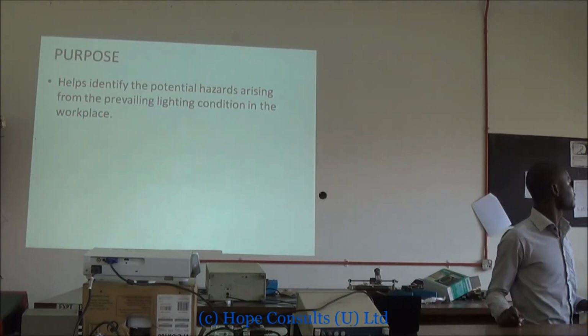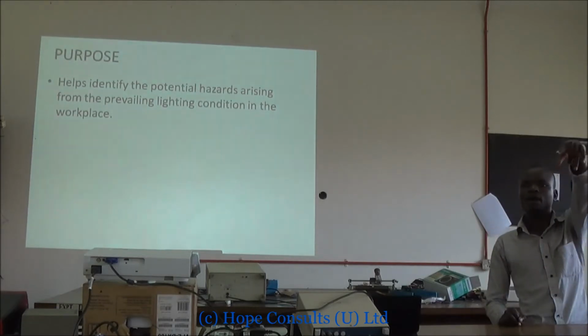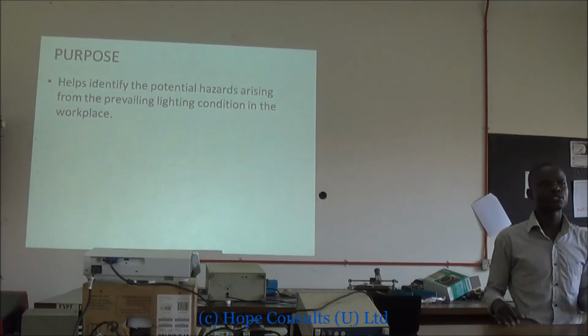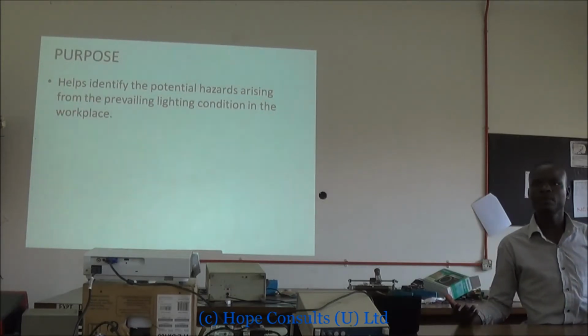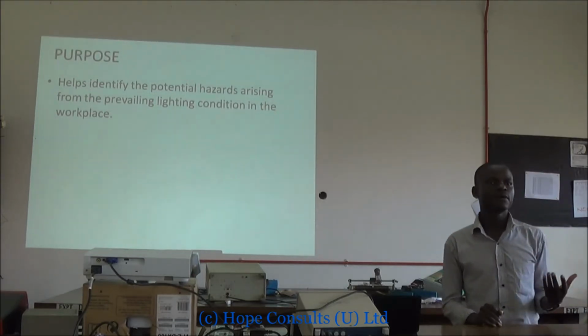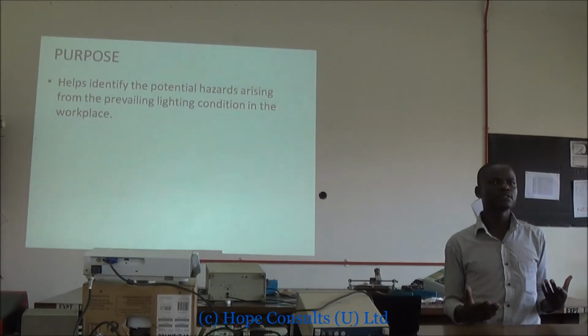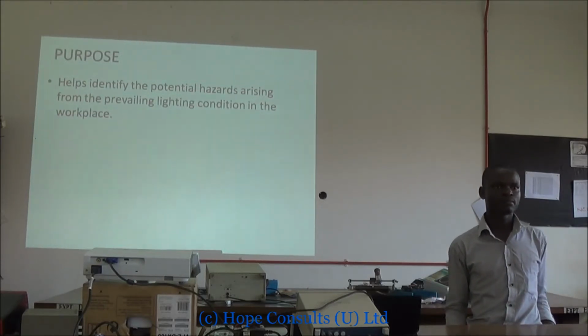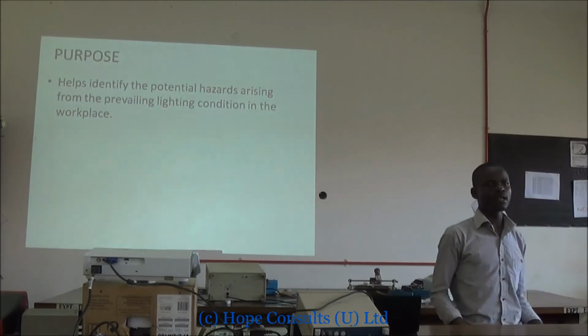For instance, when we went there for our tour, you saw what was in the place. We had very many openings allowing in light, but the lighting there is not favoring what is taking place inside the industrial setup. So it calls for assessment.